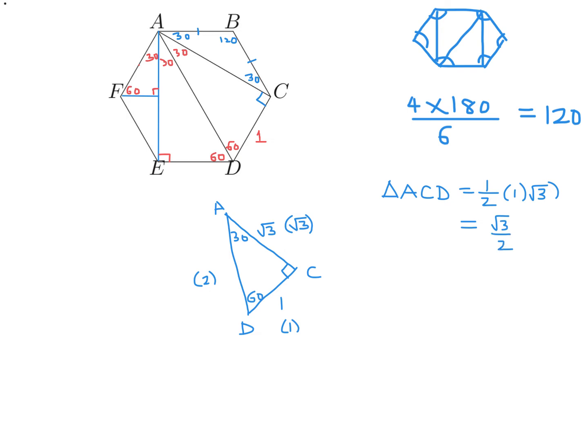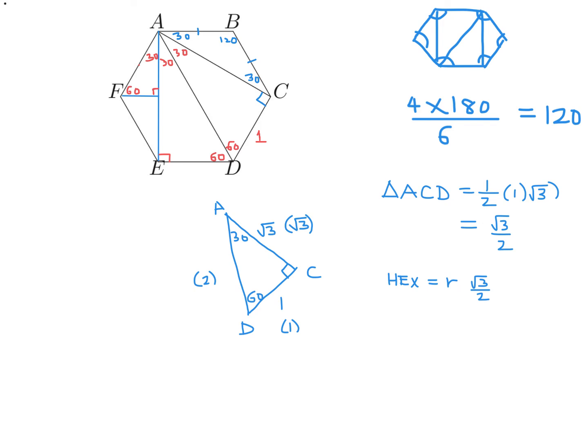Okay. Now they tell me that the area of the entire hexagon, A, B, C, D, E, F, is R times, so I'll just call it hexagon, the area is R times the area of ACD. So R times root 3 over 2. Like that.